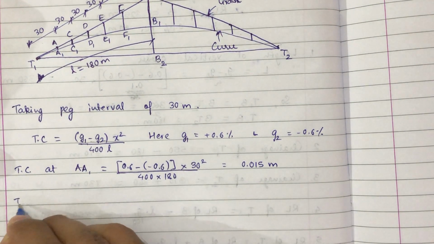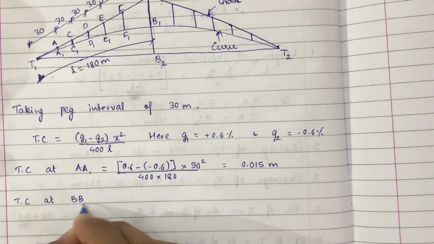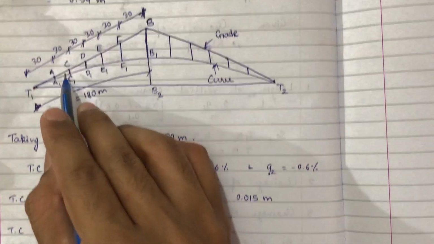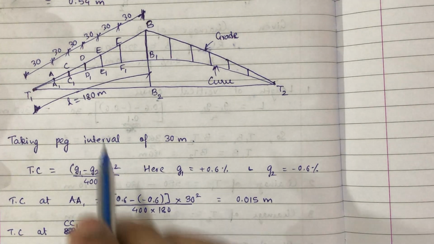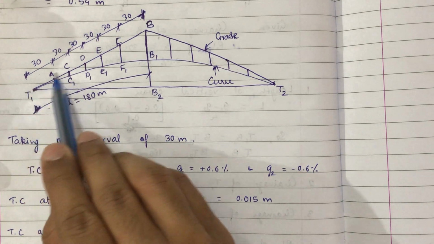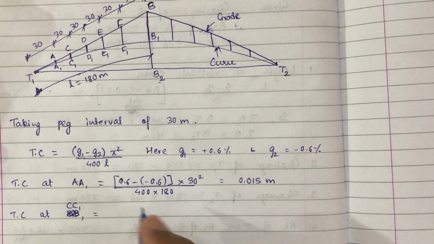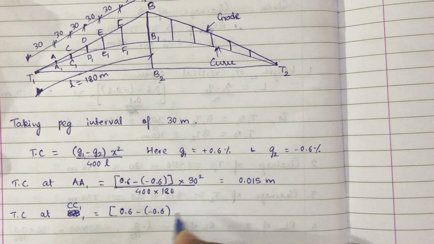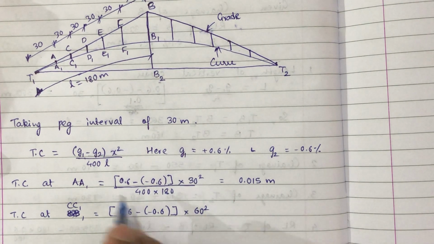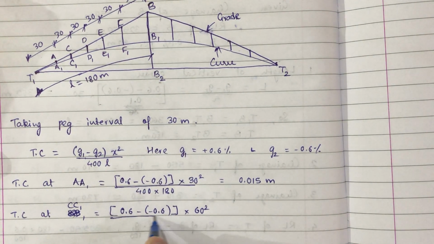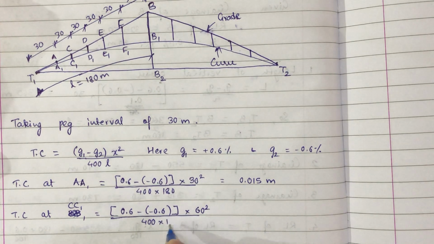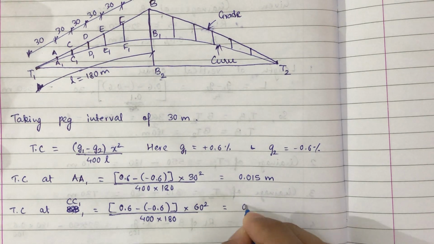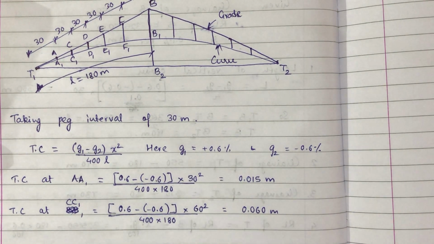Similarly, the tangent correction at C C1, at this level. Now this C C1 is at a distance of 60 meters from T1. So the value will be as it is and it will be multiplied by 60 square upon 400 into 180. This value comes out to 0.060 meter.